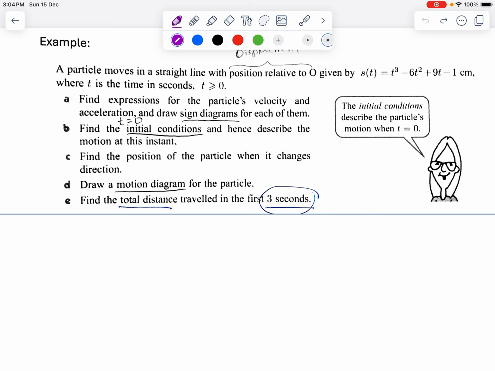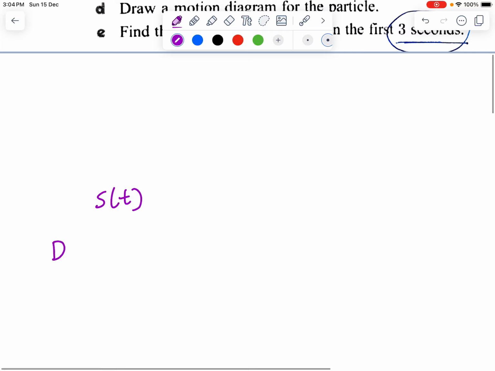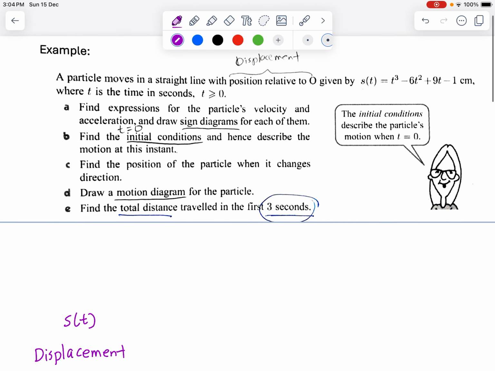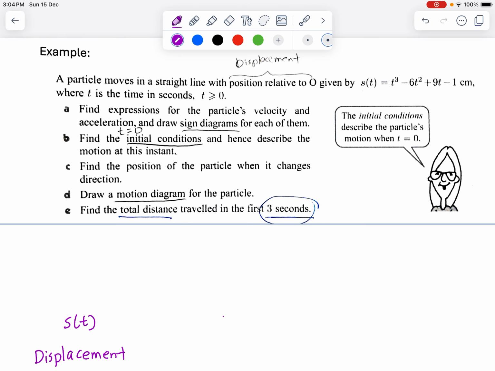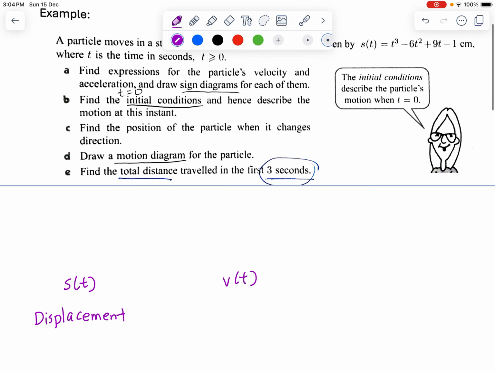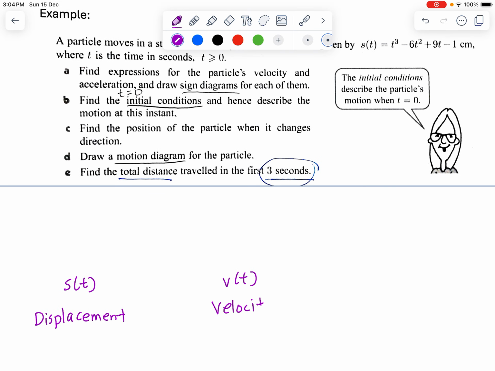If we want to find the position, that's called s of t, and we call that displacement, which basically means the position of a particle. Next we have velocity, represented by v of t. And then we have a of t, and you guessed it, it is the acceleration of a particle.